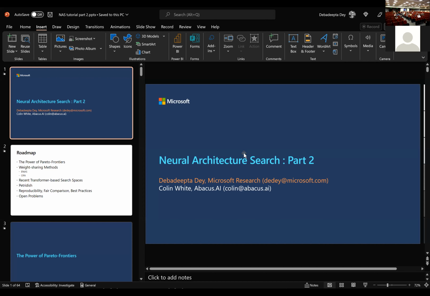Now we have search spaces that have a lot of biases, like using convolutions and pooling and things like that. But if we remove them, then maybe there are brand new operations that are better.